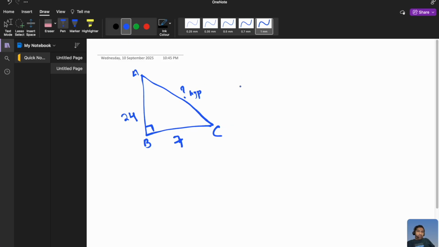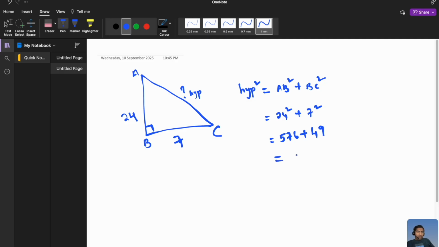If you remember the Pythagoras theorem, hypotenuse square is equal to the sum of squares of the other two sides of a right angle triangle. So 24 square plus 7 square. 24 square will give you 576, plus 7 square is nothing but 49.